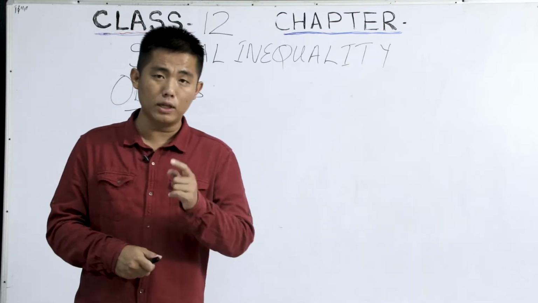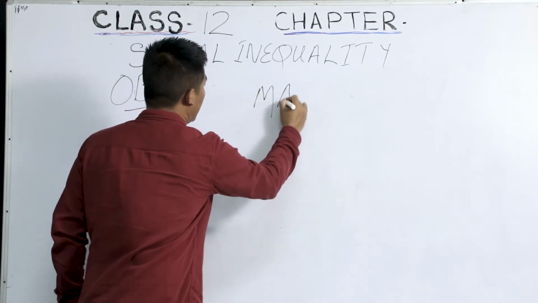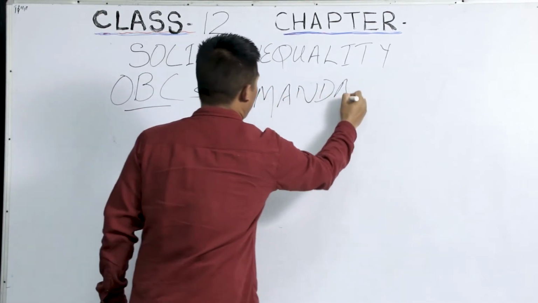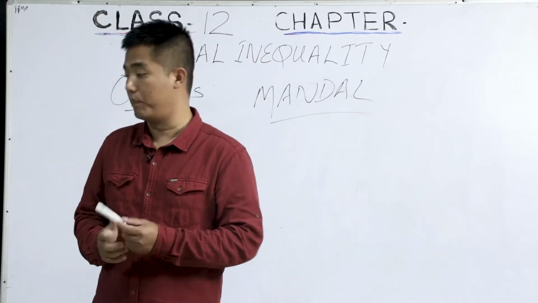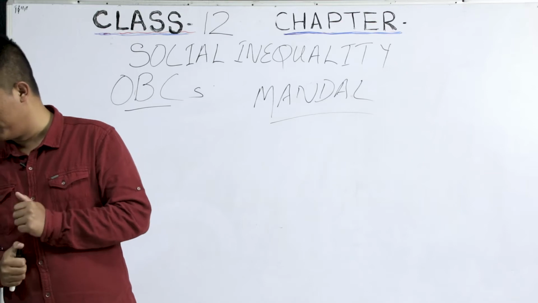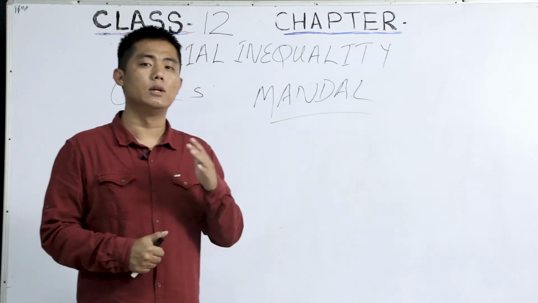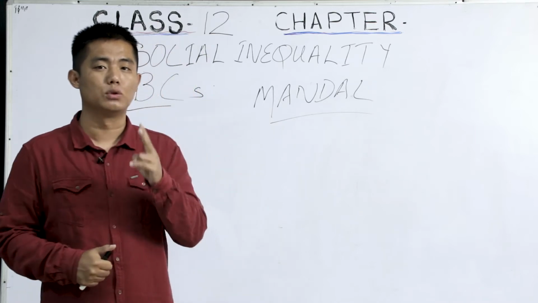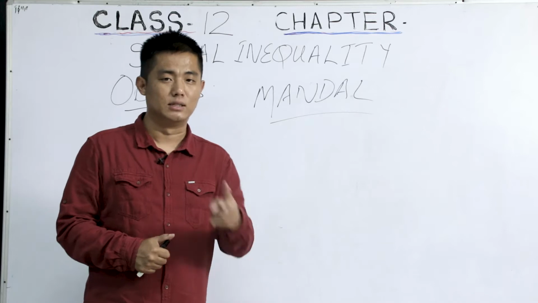Now, according to the Mandal Committee, M-A-N-D-A-L, they gave us a report where they divided the OBCs, other backward classes, into two groups.